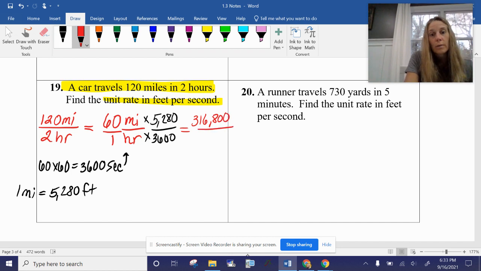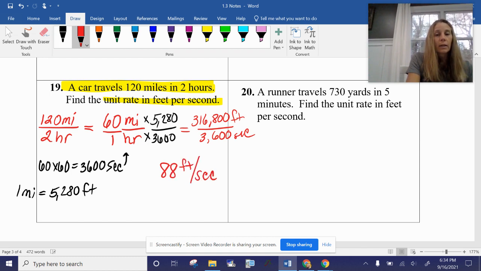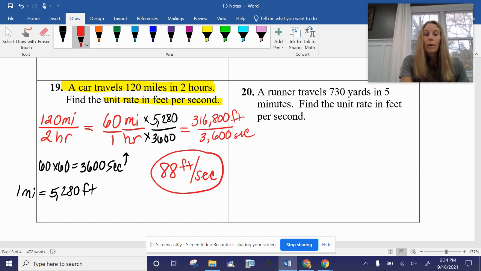And then of course, 1 times 3,600 is 3,600. And now we have to divide that out because this is now in feet per second. So we divide that and we end up with 88 feet per second. So your unit rate in miles per hour would have been 60 miles per hour, which is 88 feet per second. So number 20, similar.